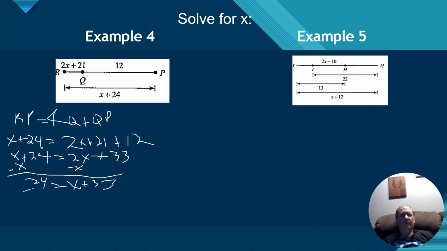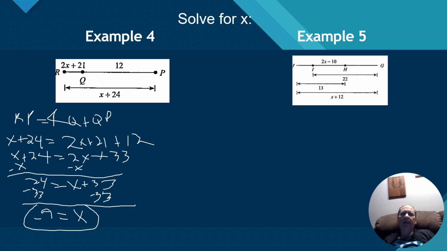Subtract 33 from both sides. 24 minus 33 is negative 9. Final answer.